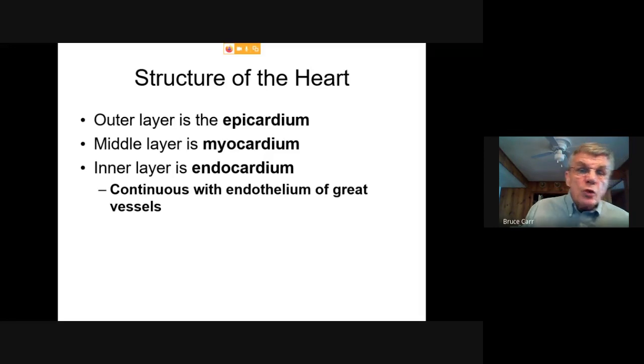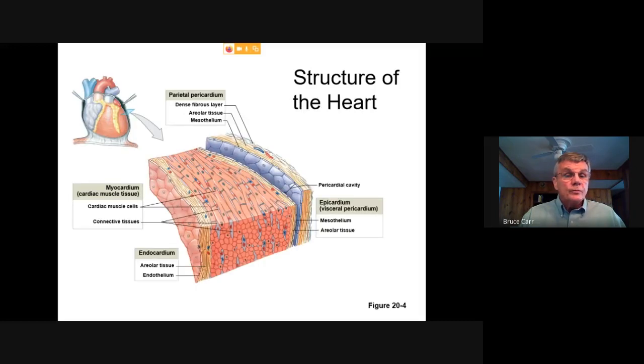So continuous with the layers of the veins, the inner layer of the vein that is delivering blood into the heart chambers as it fills and then contracts to expel the blood. And it is continuous then with the aorta and with the coronary arteries that are there to receive the blood at high pressure and move it away from the heart.